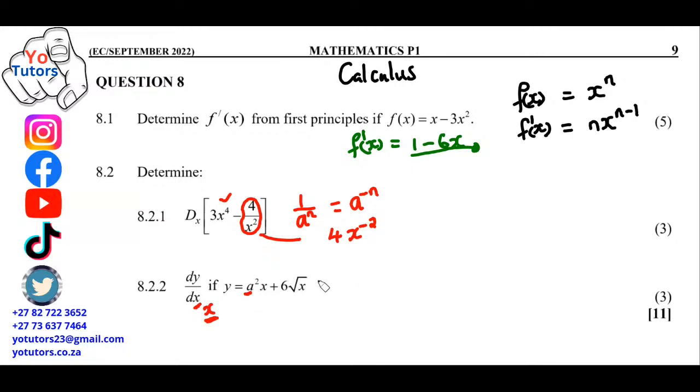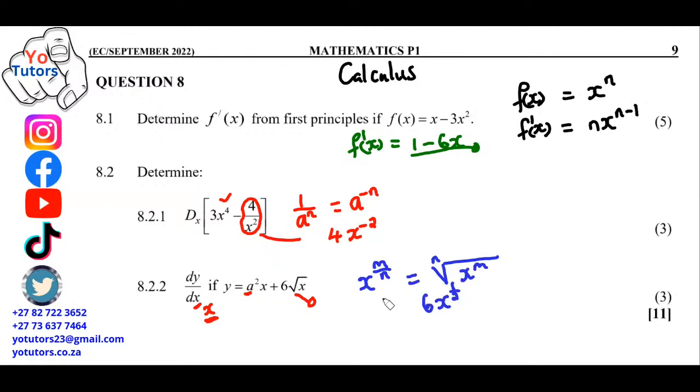But also another issue that we are seeing here is a root. What do we need to do? We need to change it again into exponent. Now, what rule are we using there? I don't know if you still remember when we have x to the power m over n. This is the same as the nth root of x to the power m. So in this case, what we have here is going to be 6x to the power 1 over 2. 6 is not affected.